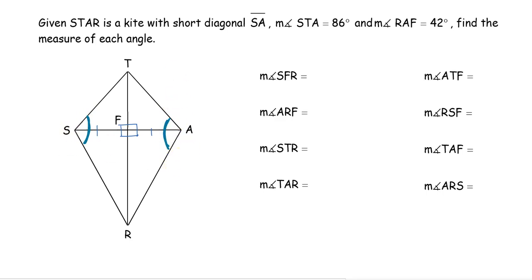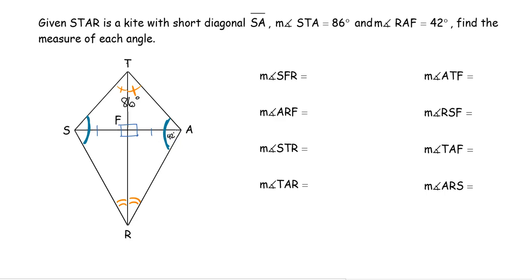If this is the short diagonal, that means that the long diagonal is giving me two angle bisectors there. So we are given the measure of angle STA. From S to T to A, this huge angle right here is 86 degrees. The measure of RAF is 42. Find all the other angles.